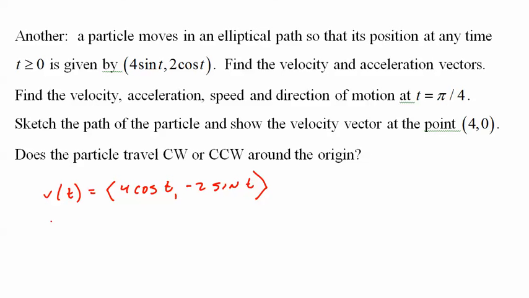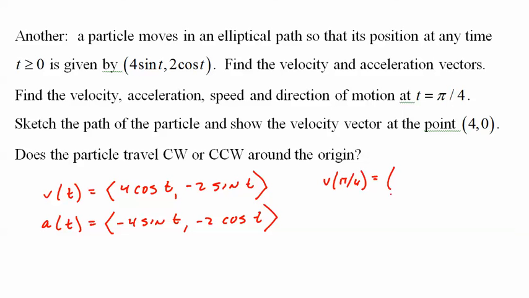A of t equals negative 4 sine of t, negative 2 cosine of t. And then find the velocity at t equals pi over 4, so v of pi over 4 equals, and notice I get rid of the vector, 2 root 2 comma negative root 2.